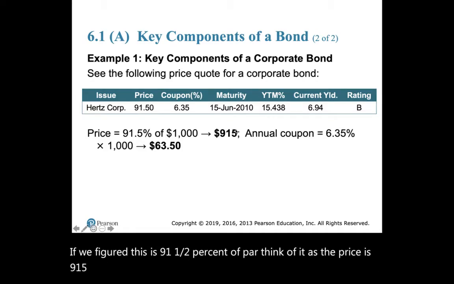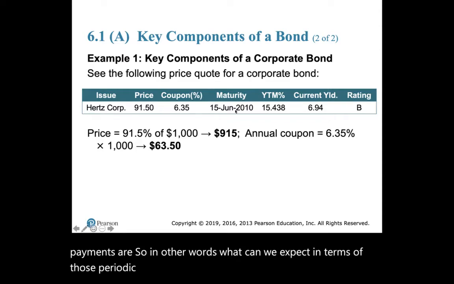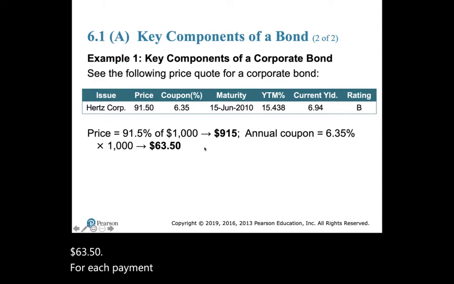And if we want to think about what the annual coupon payments are, in other words, what we can expect in terms of those periodic payments, well, we know the coupon rate is 6.35%. So if we again multiply that by our par value, we know that we will receive $63.50 for each payment.